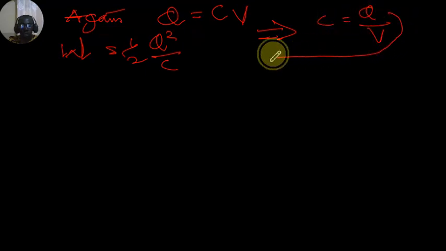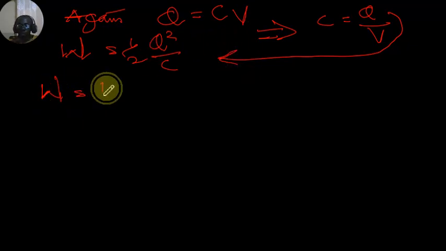Put that q over v again into our equation 2, which is this. So you have it that work done again equals 1 over 2 q squared, anywhere we see c it becomes q over v.